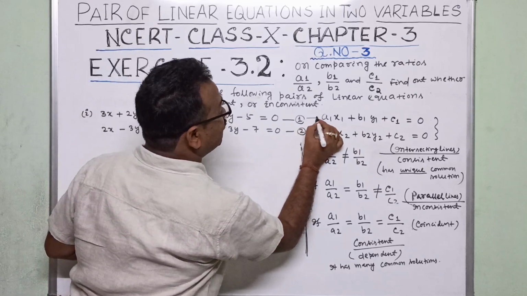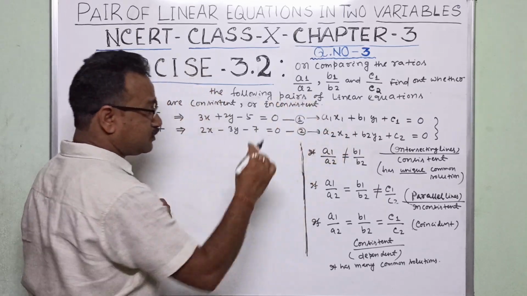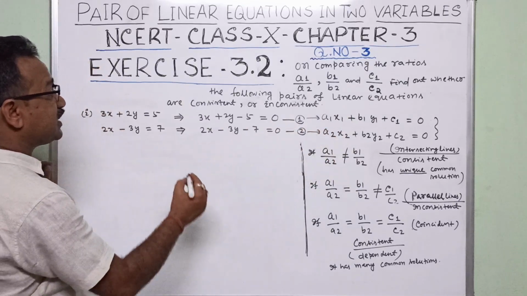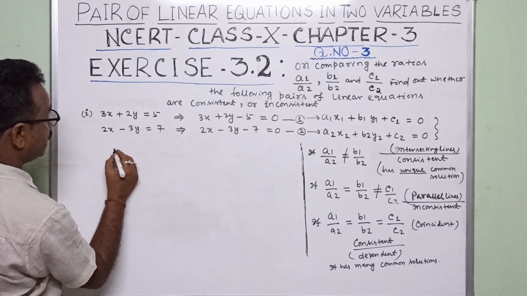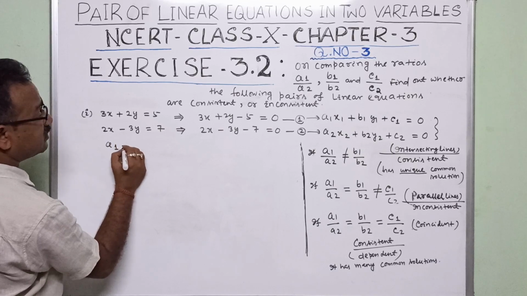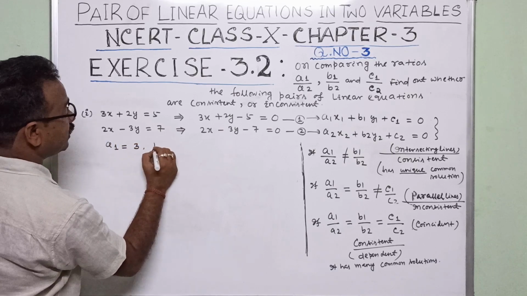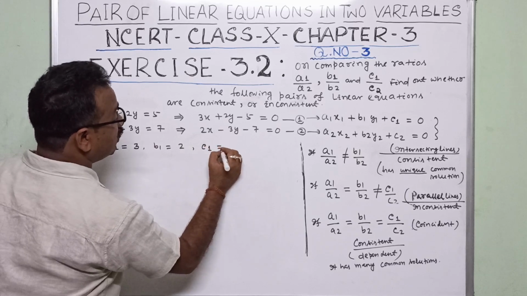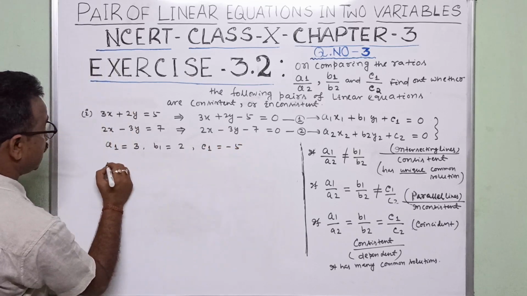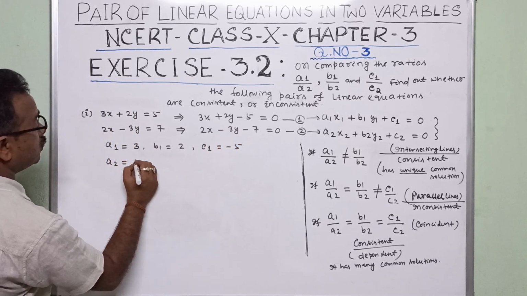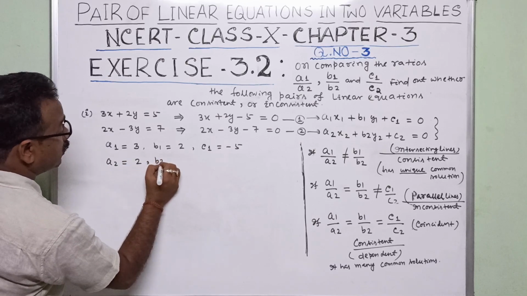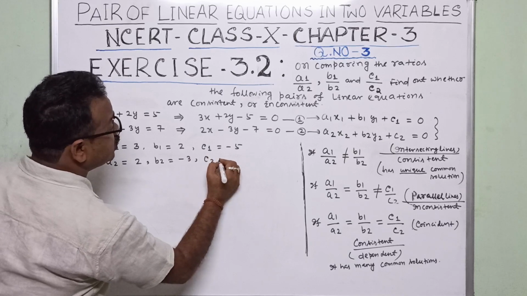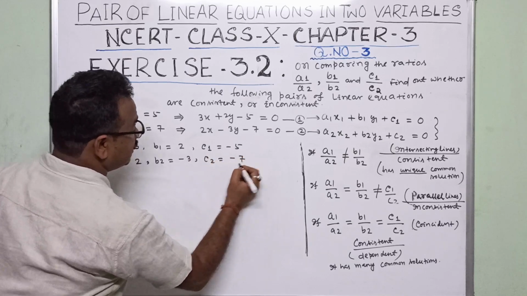Now comparing equation 1 with the first one, equation 2 with the second one, what will we get? The value of a1 is equal to 3, b1 is equal to 2, c1 is equal to minus 5. Now a2 is equal to 2, b2 is equal to minus 3, c2 is equal to minus 7.